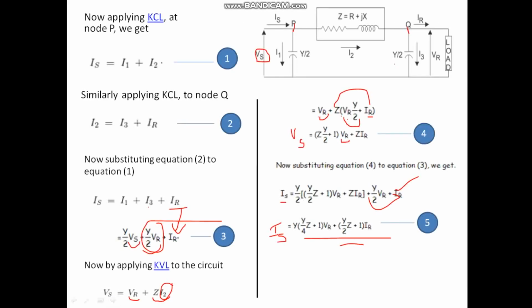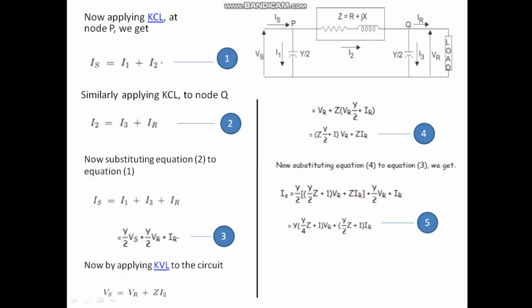So comparing equations 4 and 5, right? Now let me erase everything. Okay, this equation is for sending end voltage, this equation is for sending end current. Sending end voltage in terms of receiving end voltage and receiving end current.